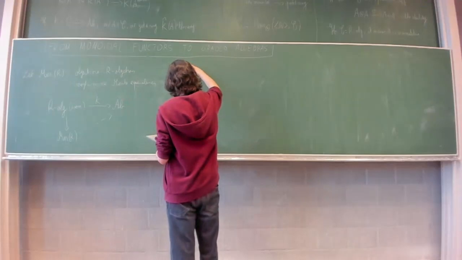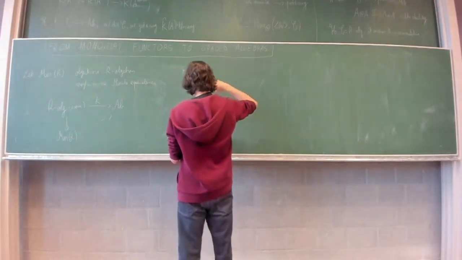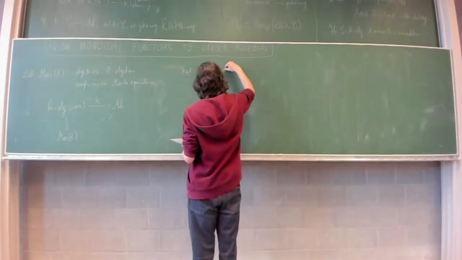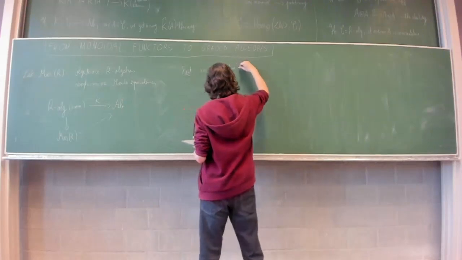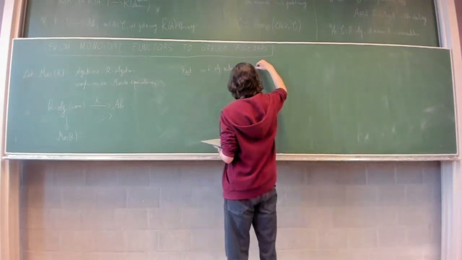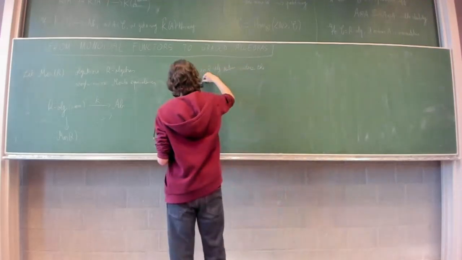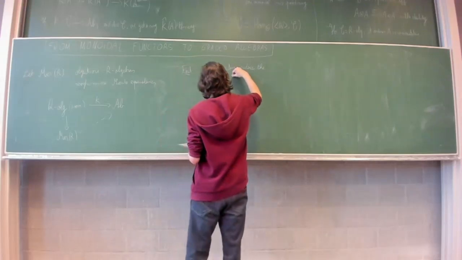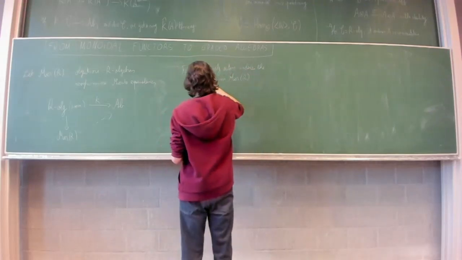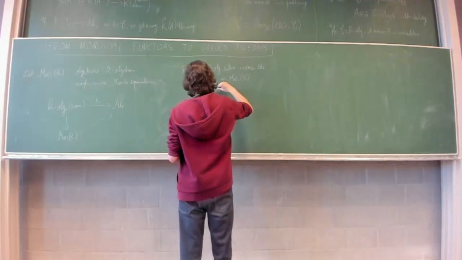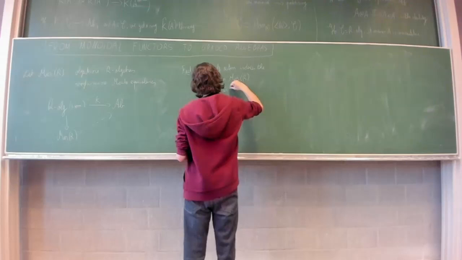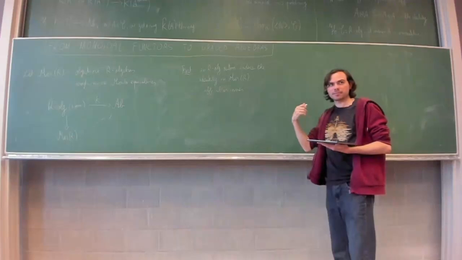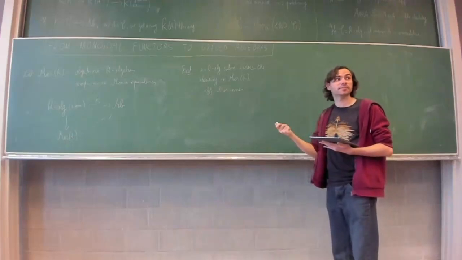So the fact is, an R-algebra automorphism induces the identity in this category if and only if it is an inner automorphism, which is of course a lot less difficult to be than just being the identity.